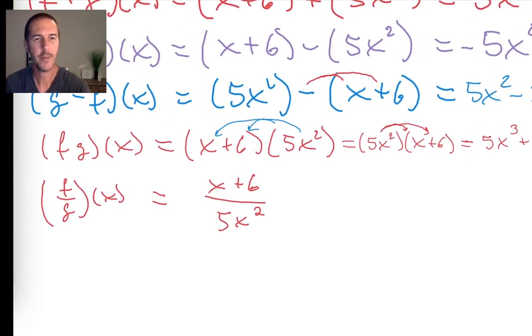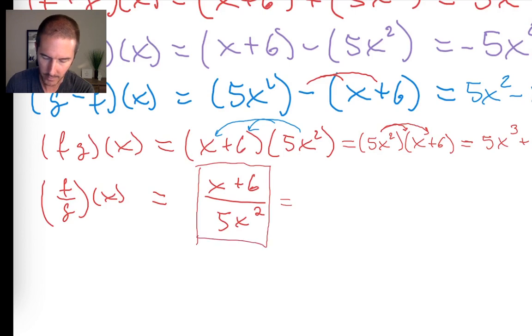Can we simplify this function at all? We could. I don't know exactly how much simpler it's going to look, but there is a bit of simplification that we could do. You could certainly leave this as a final answer, but just be aware that if it's a multiple choice situation, it could be different. So I'm going to put a box around this because this could be a final answer.